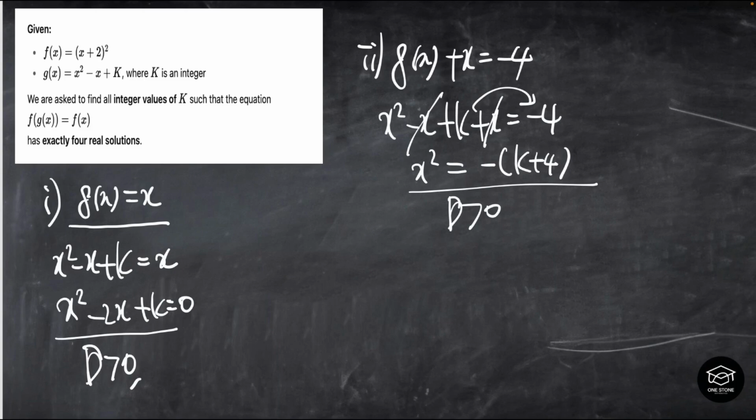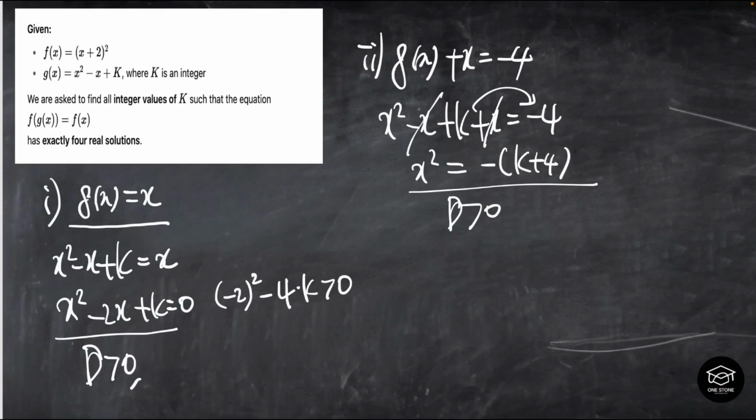Let's analyze each one. Start with equation 1, x² − 2x + k = 0. We use the discriminant to determine the number of real roots. The discriminant is given by b² − 4ac. Here, a is 1, b is −2, and c is k.